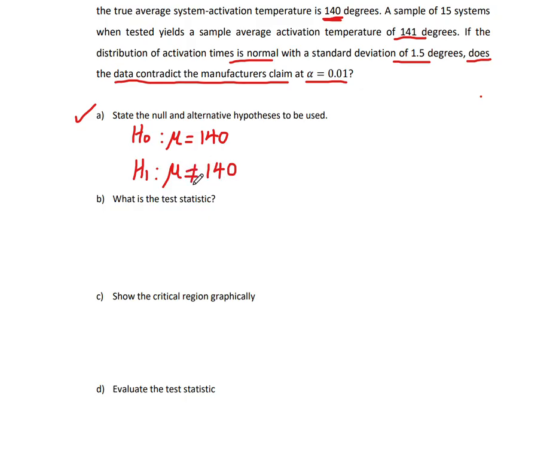If it was a one-tailed test, we'd use greater than or less than, depending on the specific scenario in the question. Now we're asked to state the test statistic, of course, because this is a z-test.